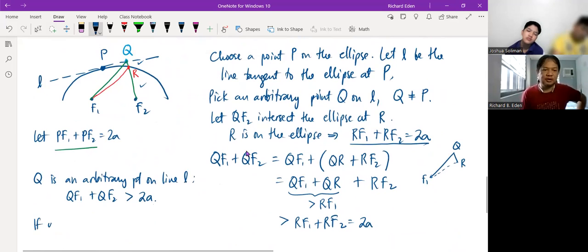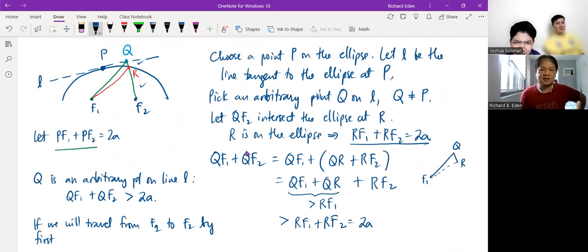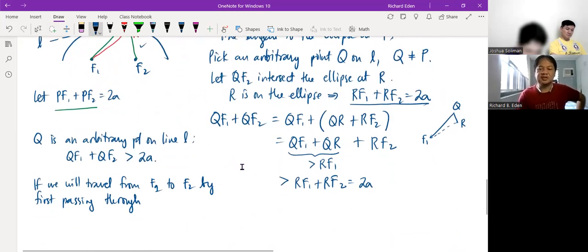Okay, if we will travel from F1 to F2. Now it's reversed. Since we know that that is the shortest path, we can conclude the angle is the same. Sorry, it got a bit choppy there.